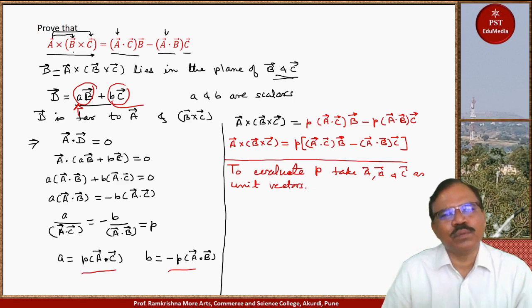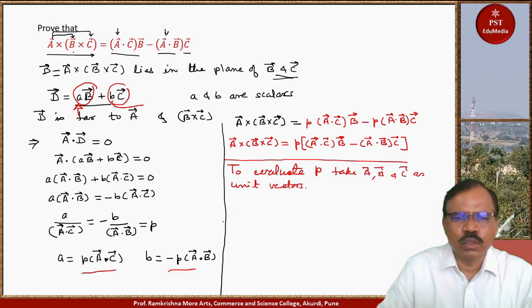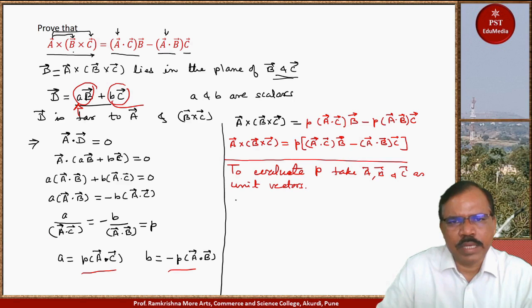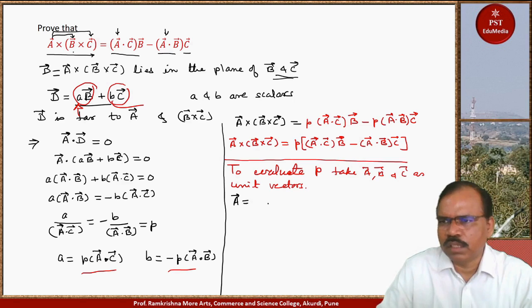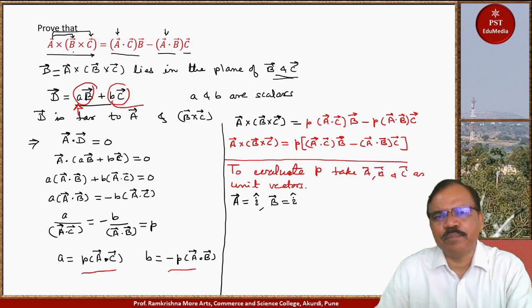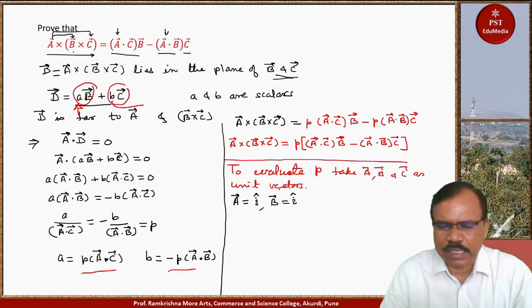Now they may be parallel, they may be perpendicular. So suppose we take vector A equal to I, vector B, suppose I. You can take i, j, k also, no problem. Here I have taken B equal to I, A equal to I, meaning they are the same vectors.